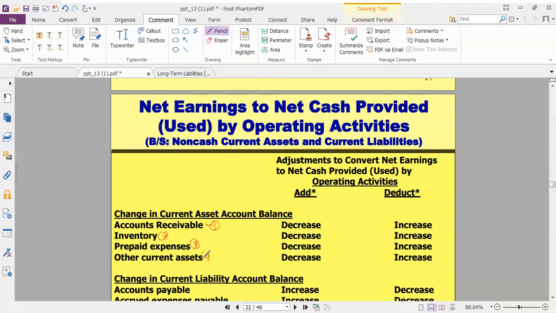Okay, in the current assets, do you remember what the current assets are? How many types of current assets do we have? Cash, bank, okay, we have inventory, and also accounts receivable.